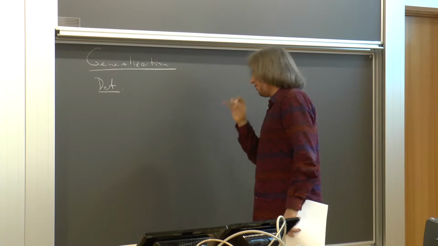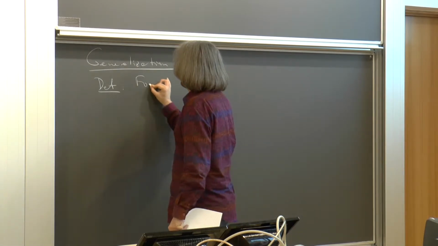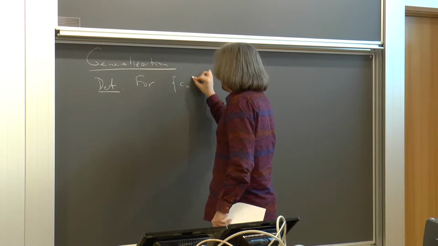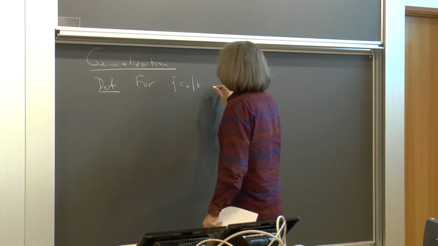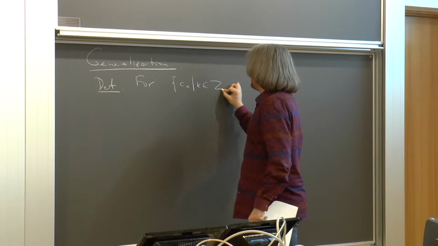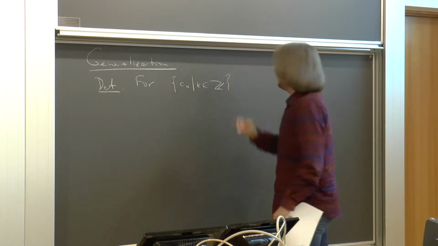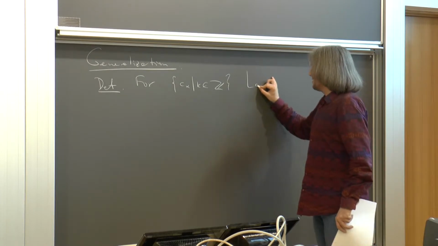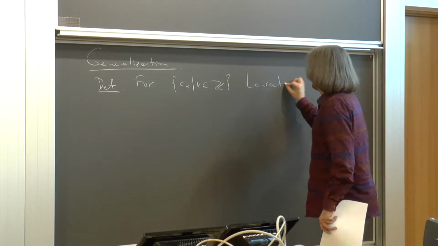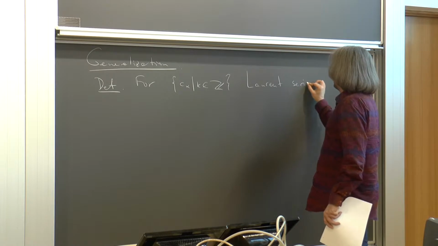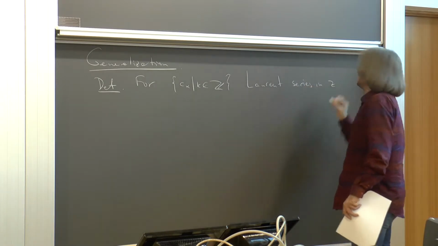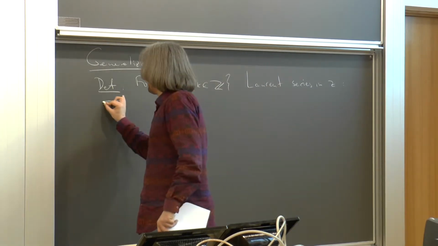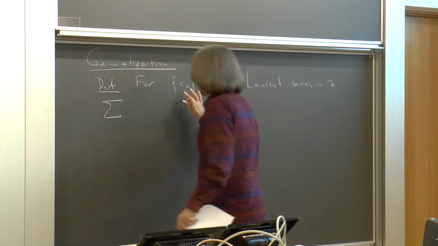Okay, now generalization. Let's start from the definition. For a sequence c k, k goes from minus infinity to infinity, so all integer numbers, a Laurent series in z is the following expression. It should be treated formally. It's just a way to remember all coefficients.